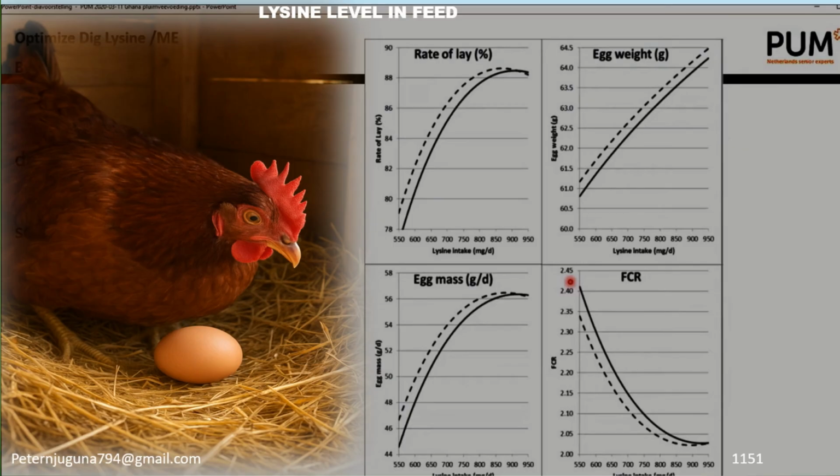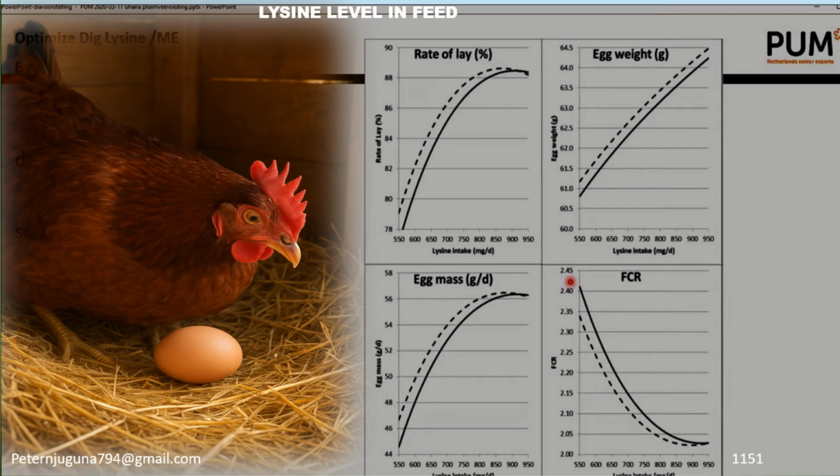In graph number 3, you can see it is showing the relationship between the egg mass and the lysine intake. In the x-axis, we have the lysine intake in milligrams per day, and in the y-axis, we have the egg mass. So we can take an example.